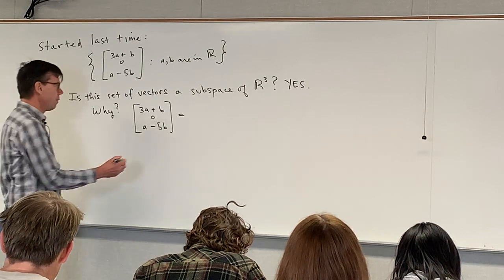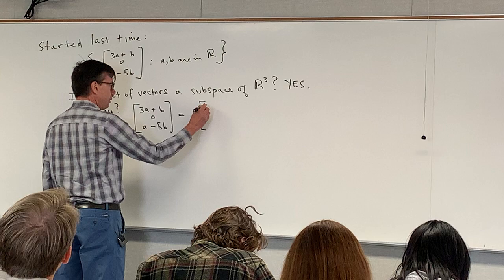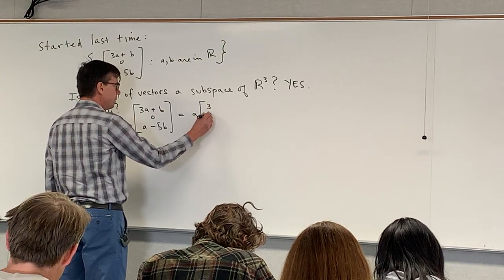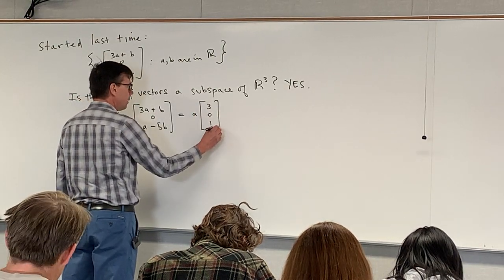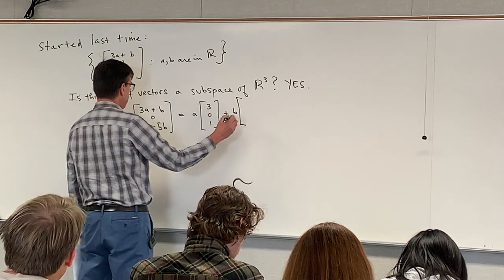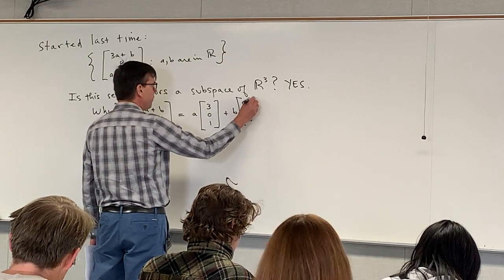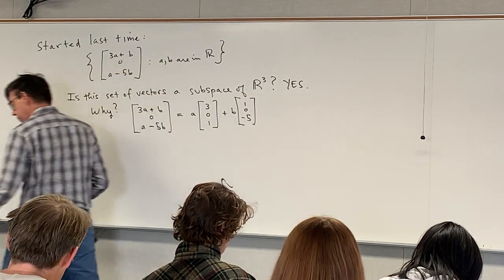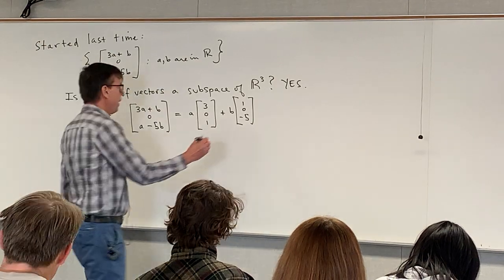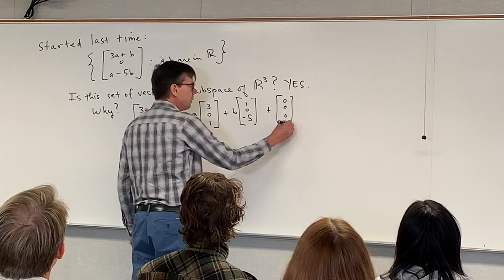vectors in this form can be written how? We can write them as a times (3, 0, 1) plus b times (1, 0, -5). Now, sometimes I've seen you put plus (0, 0, 0) on the end.